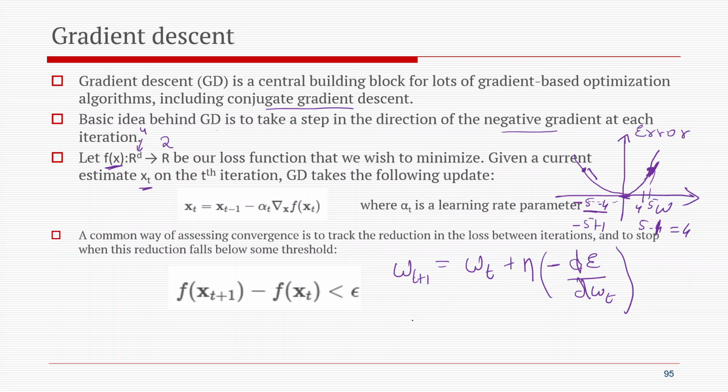But what is the objective here? If I have learned the weights W t earlier, now I am learning W t plus 1. When you learn this and find the absolute difference, the error should be reduced.